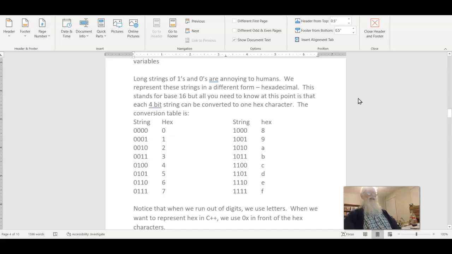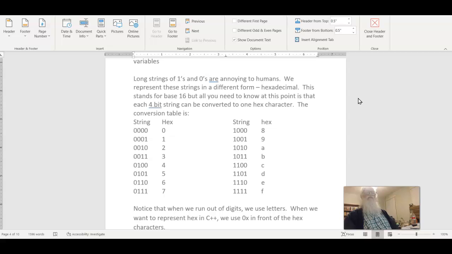First of all, long strings are very hard for us to understand. Once you see 32 ones and zeros, and then see another one, and then another one, your eyes glaze over after a while. So the computer world has tried to come up with a compromise. What they've done is said, we won't use base 2, which is what binary is.